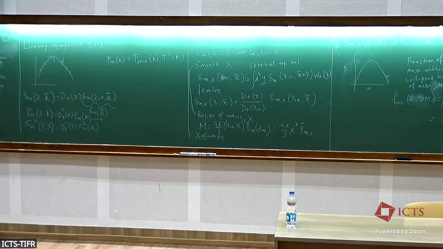In simulations, you can also track subhalos. I think the halo finder you are using won't give you subhalos. For that, you need slightly more sophisticated halo finders, and you can do that as well. But when we talk about halos and halo mass functions, what you said is correct.